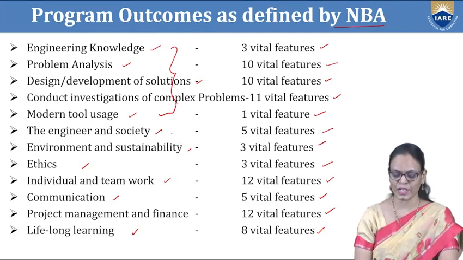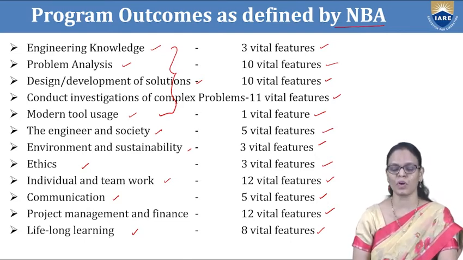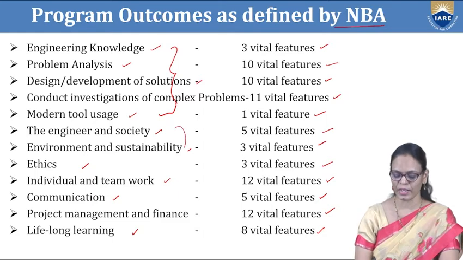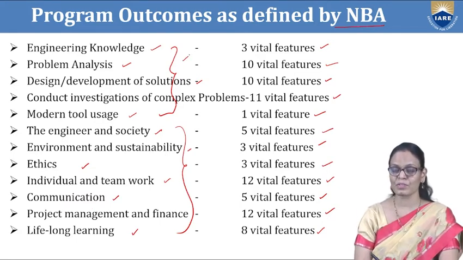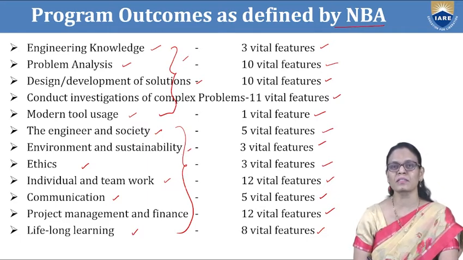Now, engineer and society, environment and sustainability, ethics, teamwork, communication, project management and finance, and lifelong learning are general in nature, which will try to bring holistic development in the student. They are not only learning the technical knowledge, but also gaining professional as well as social and ethical skills by doing this program.